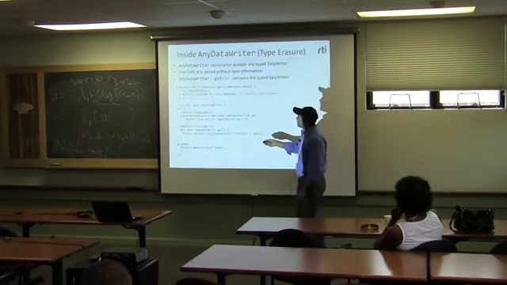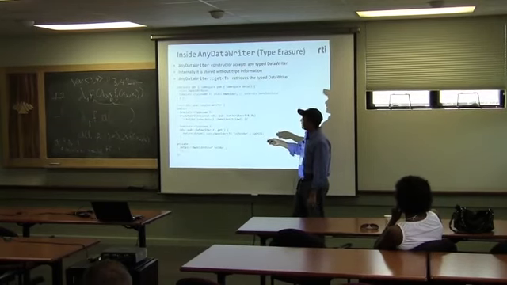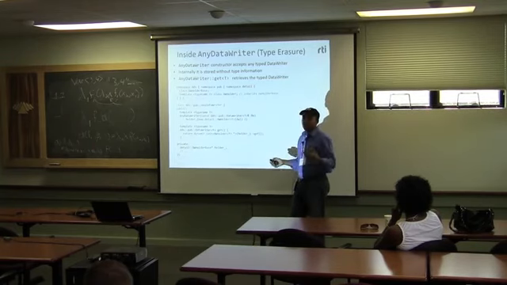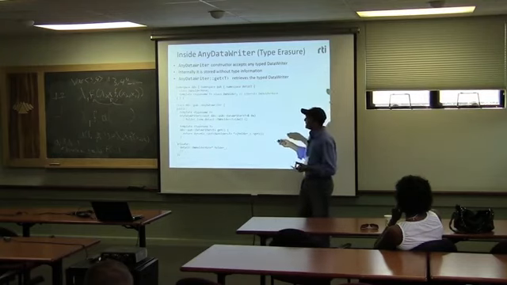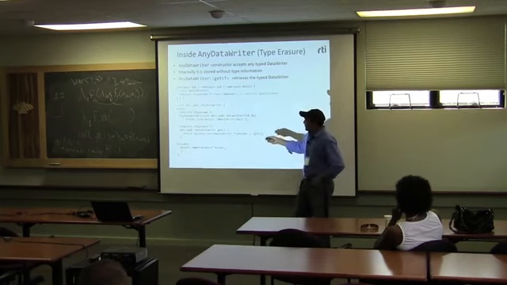So any data writer is not a template, but the constructor is. And you pass in any data writer. Now that this any is different any, let me say A. You pass in a data writer of some type, and you create a sort of a placeholder for this data writer. I'm going to show you this class in a moment.